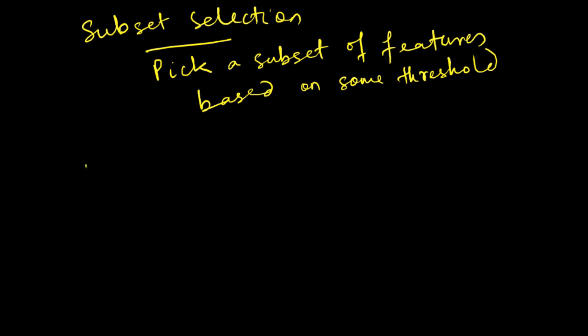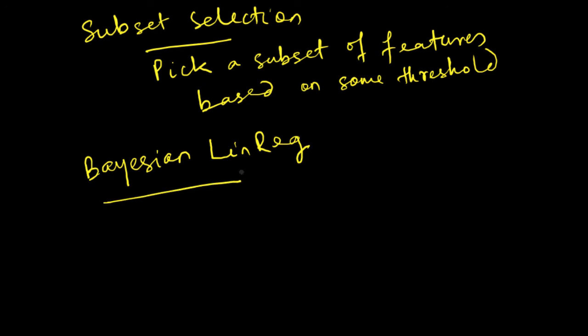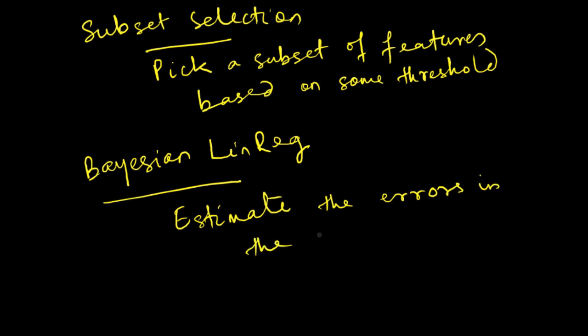Then of course you could do Bayesian linear regression, which is a very complicated process, and generally it is not done. But in case you want to be very, very rigorous, what you could do is to estimate not just the parameters but also the errors in the parameter, or they are also called the weight values.